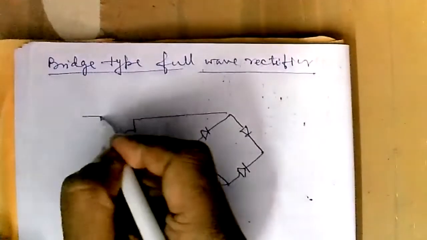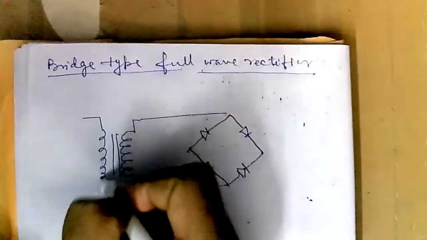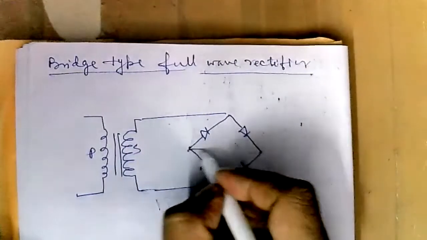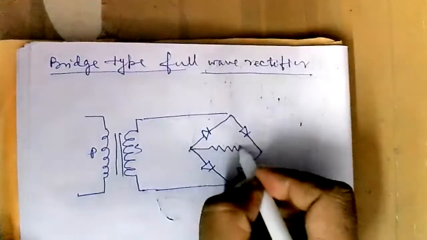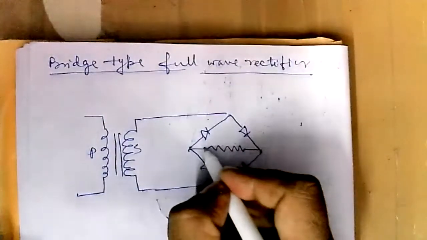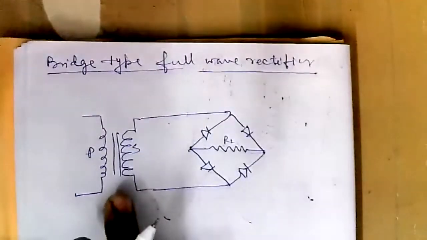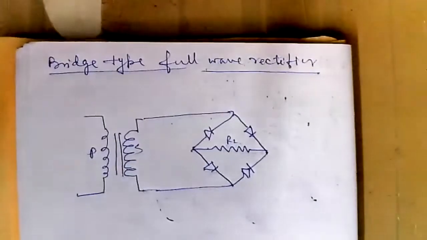This is my transformer. This is primary, this is secondary. And here we will connect the load resistance. So you can see here I am utilizing the whole transformer.